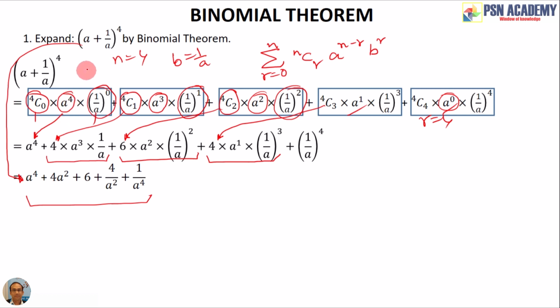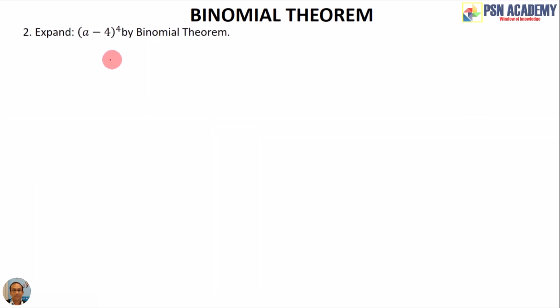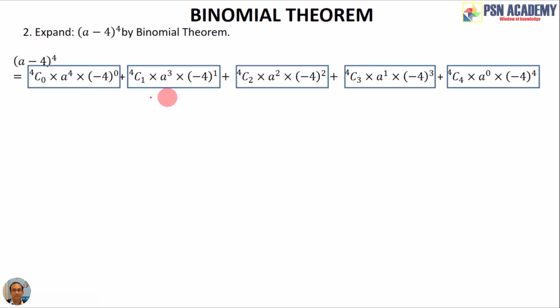Now you arrange the value of a and just plug the value of a inside this expression and you will get the result. We go with another example where we have a minus inside, okay? So what we can do is go like this. Your b is actually minus 4, and a is there as it is.